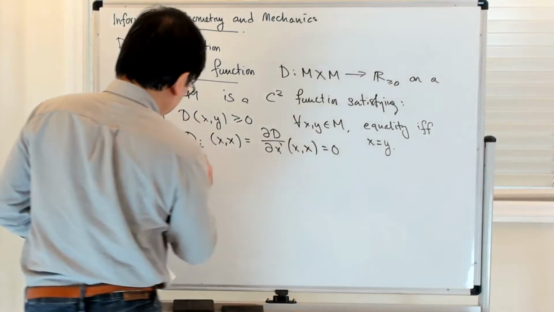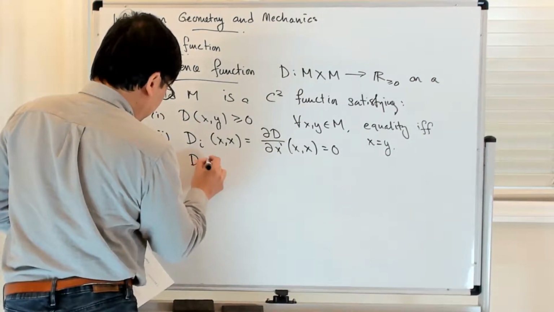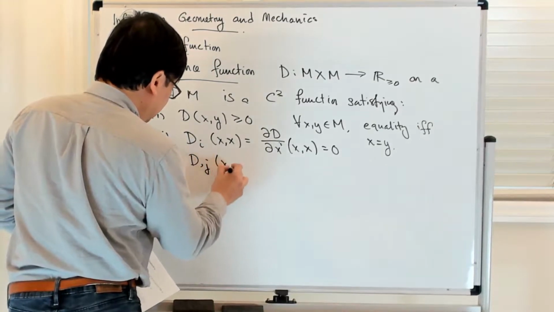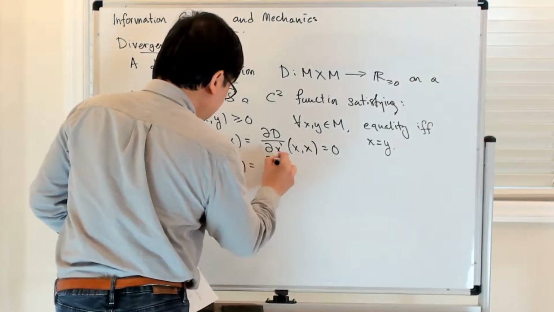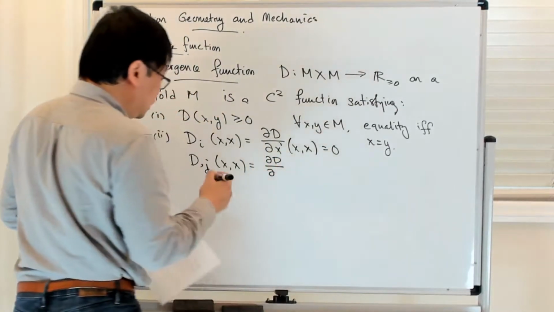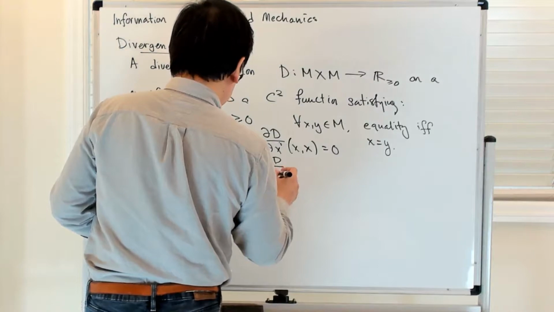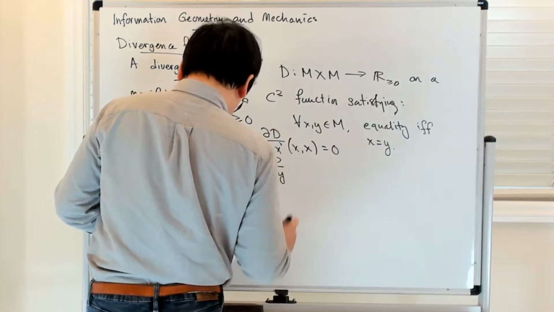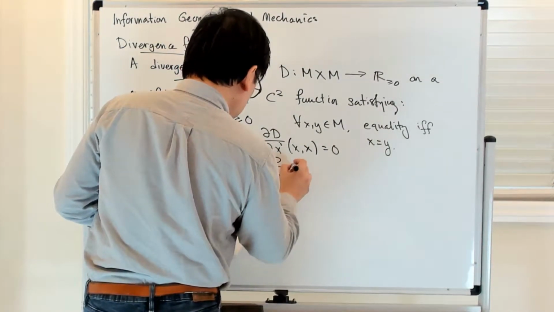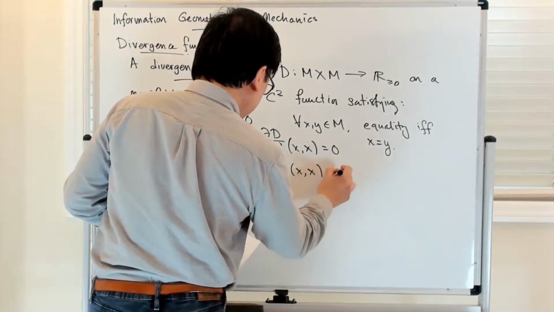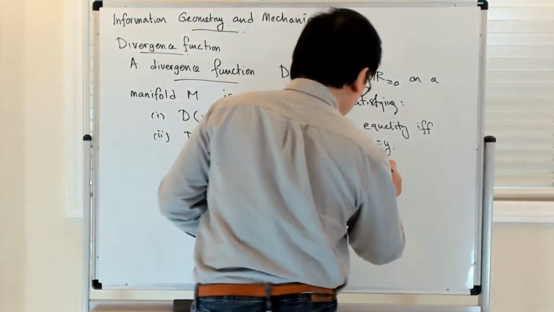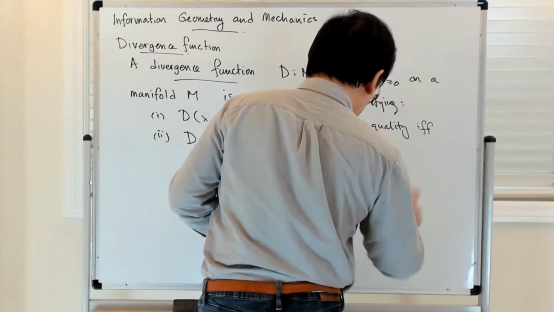And the same thing is true for D_{,j}, which is the derivative of D with respect to the jth component of the second variable, at the point (x, x) it is also equal to 0, and this is true for all i and j.